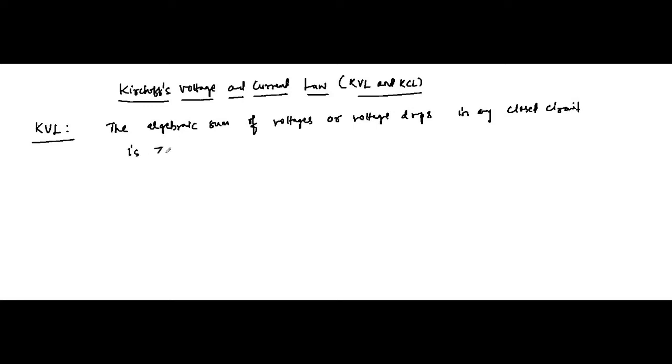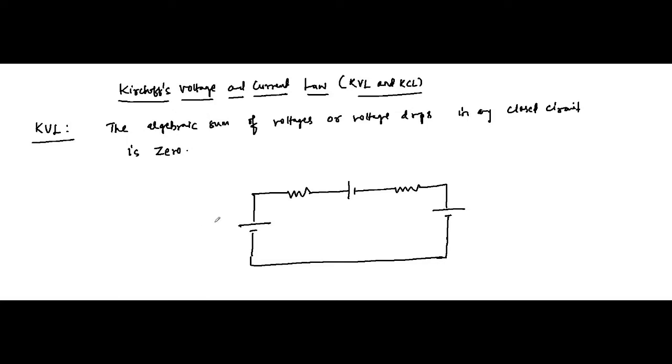So what basically it is saying is that suppose we have a circuit like this, with V1, V2, V3, this is, let's say, R1, this is R2.